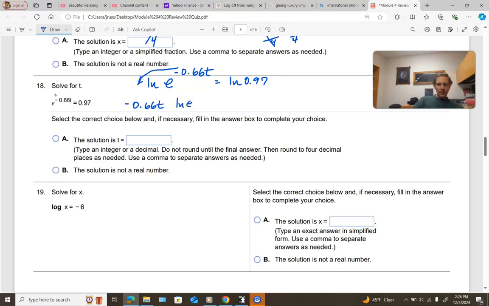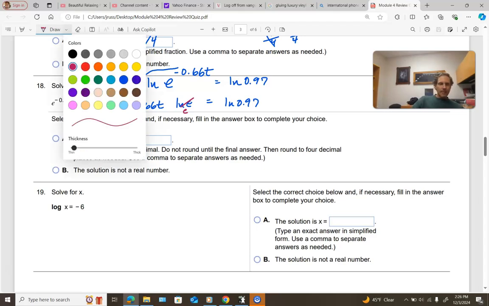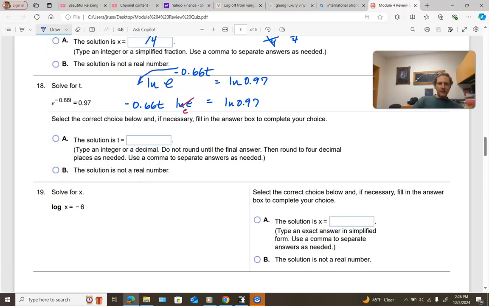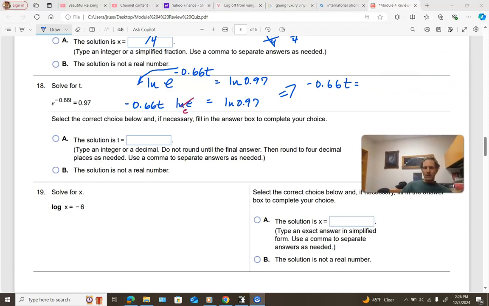We'll be left with the natural log of e. And guys, the natural log of e is just 1, because it's like saying e to what power is equal to e? Well, e to the first. And so really here you're just left with, let me rewrite this up here, negative 0.66t is equal to the natural log of 0.97.